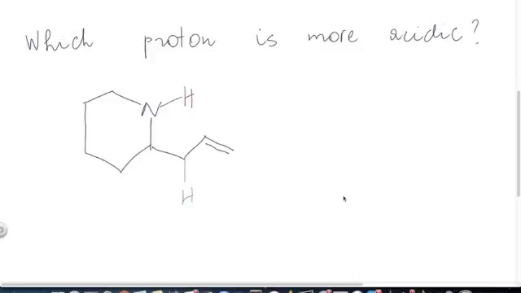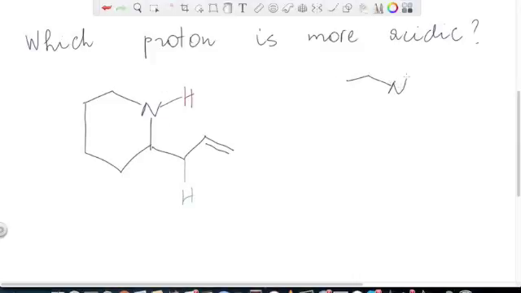So let's again draw the corresponding conjugate bases. So if we remove the red proton, then we will get the following conjugate base. So there will be a negative charge on nitrogen, and everything else remains the same. And if we remove the green proton, then the conjugate base would look like this.